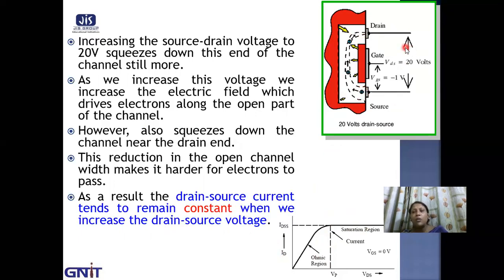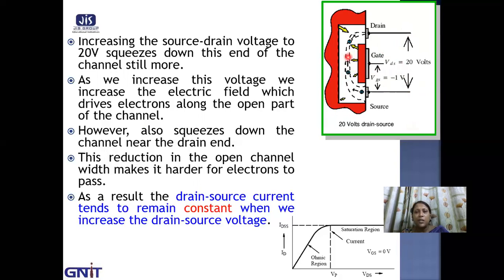So why do we call this a field effect transistor? Why don't we call it a voltage effect transistor? Because we are actually applying voltage. The thing is that though we are applying voltage, the effective parameter that appears here is field. Actually, field is nothing but the voltage by distance.